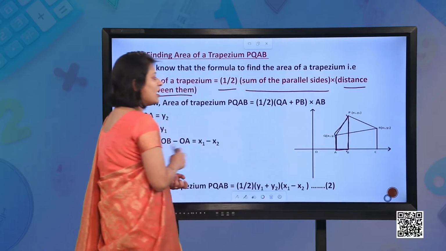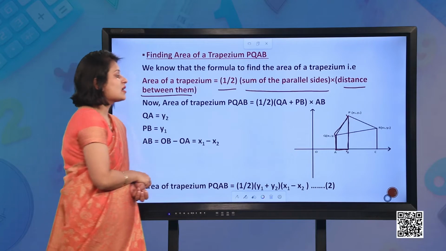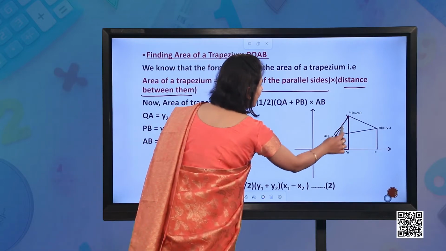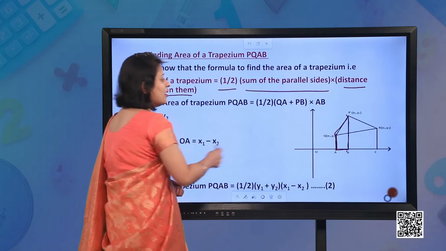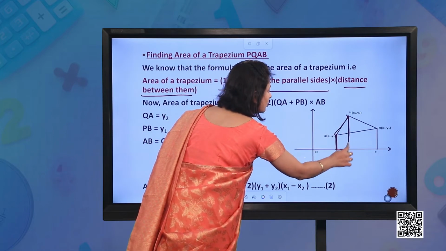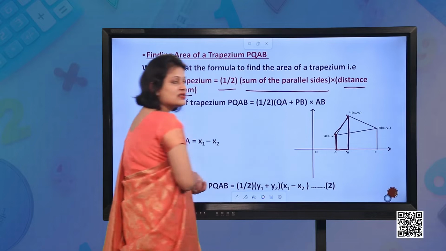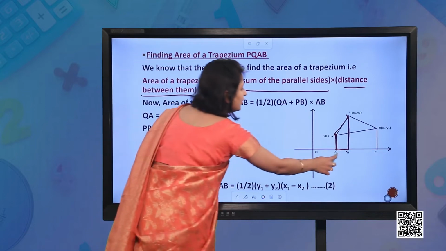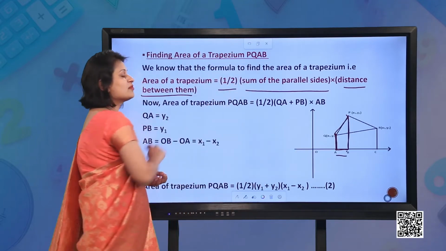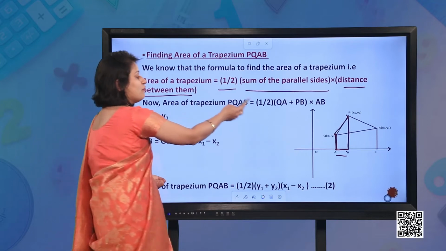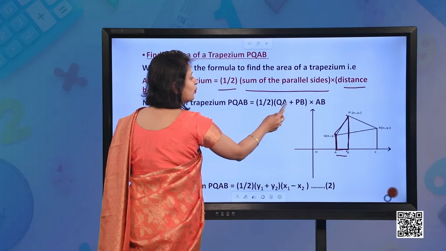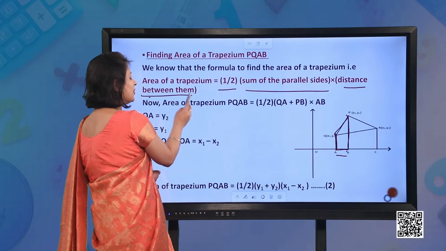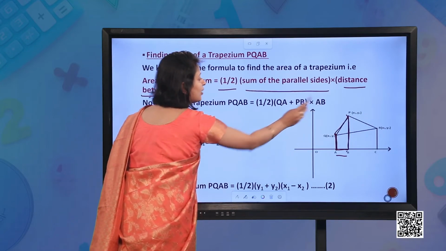Here the parallel sides are QA plus PB. Both are parallel. And the distance between them is AB. So, substituting the values in the formula, what will you get? Half into the sum of parallel sides, QA plus PB, into the distance between them, AB.